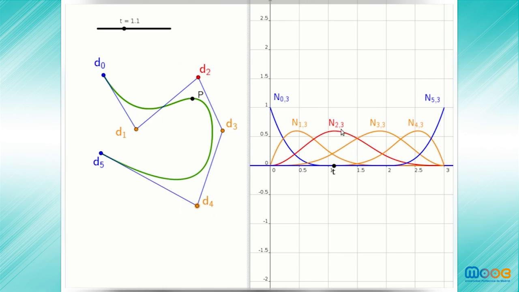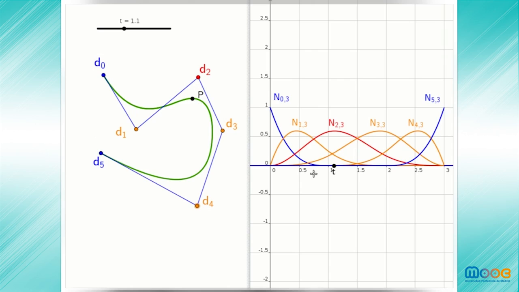If we look at the right, what is indicated are the graphs of the basis functions that influence the position of p. What we see, for instance, in the current moment, is that the control points d sub 0 and d sub 5 don't affect the position of p.